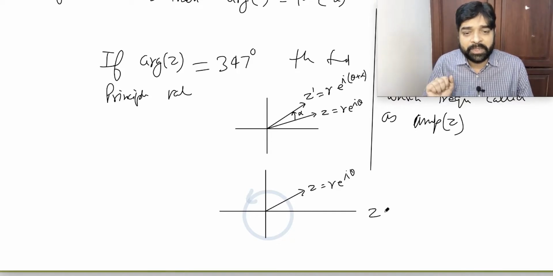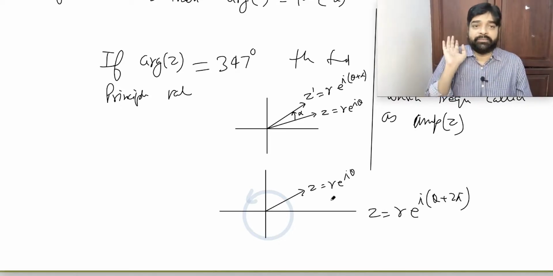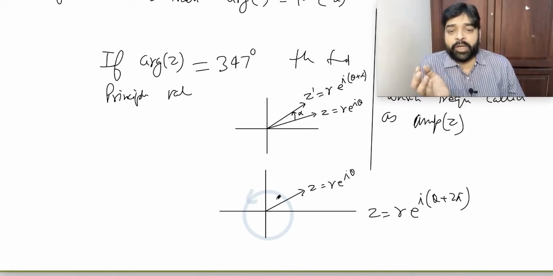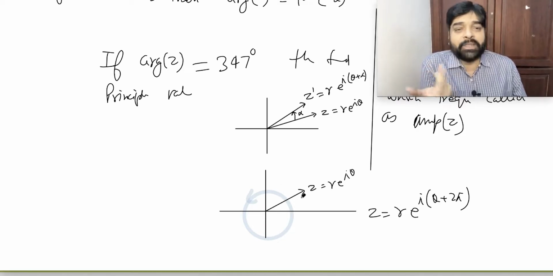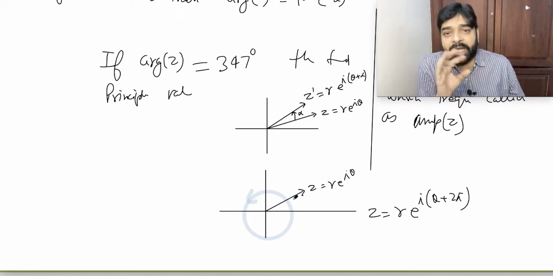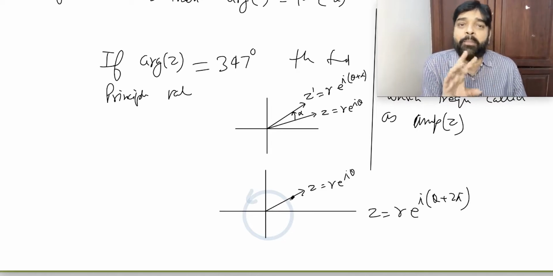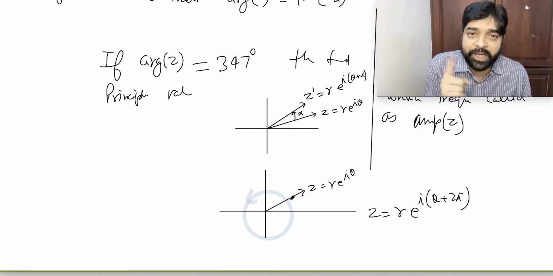So what is the complex number now? r into e power i (theta plus 2 pi). But this will also be z only, because you rotated by a 2 pi angle, so the complex number will not change. It means if you rotate by 2 pi, 4 pi, 6 pi, 8 pi, the complex number never changes. Only the argument will keep on increasing or decreasing.